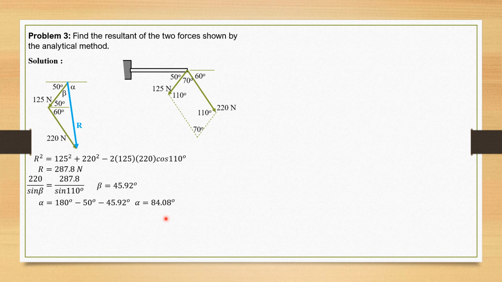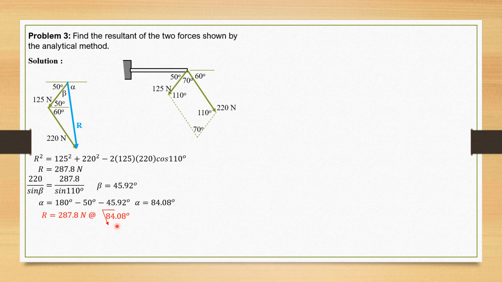So therefore, the resultant is reported in this manner: magnitude and direction. So R is 287.8 at 360 minus 84.08 degrees, or in this report, as long as we indicate it from the positive x-axis clockwise, so 84.08 degrees, as long as it is shown here.